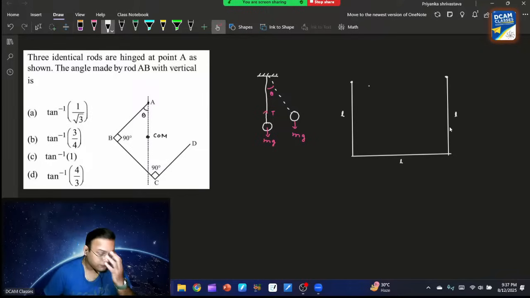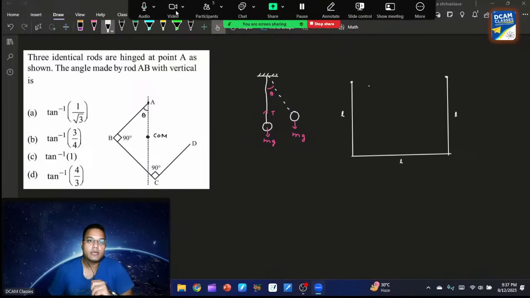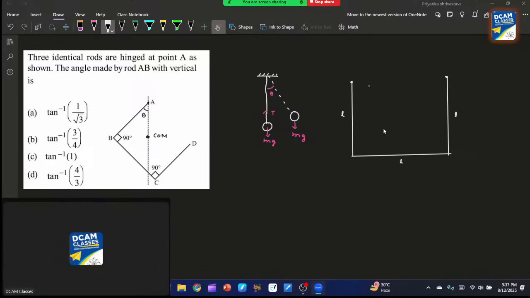Now proceed afterwards. If you are not able to do it, tell me, I will solve it. Giving you time to solve.